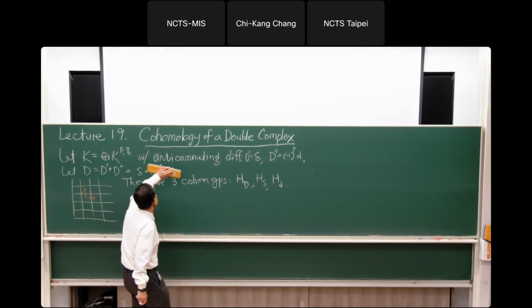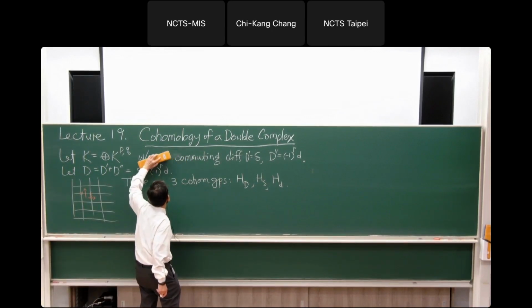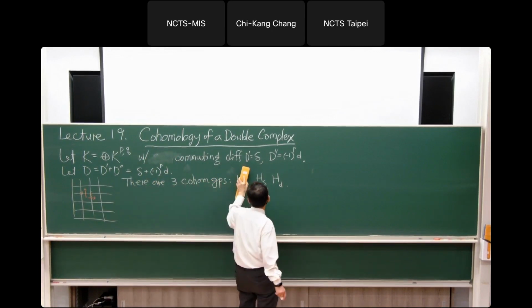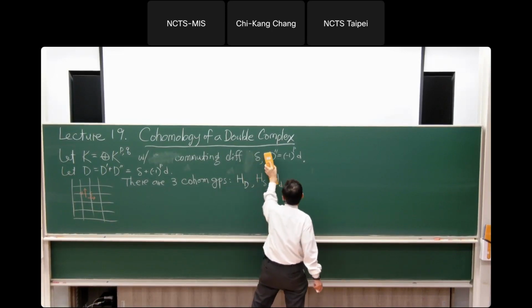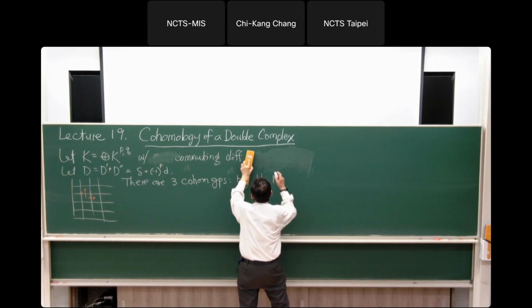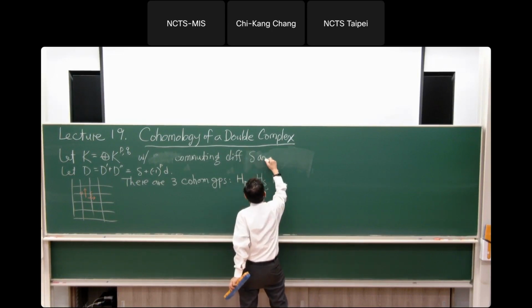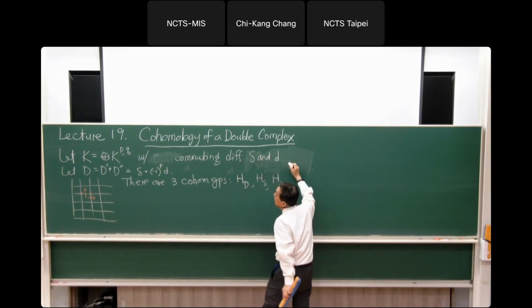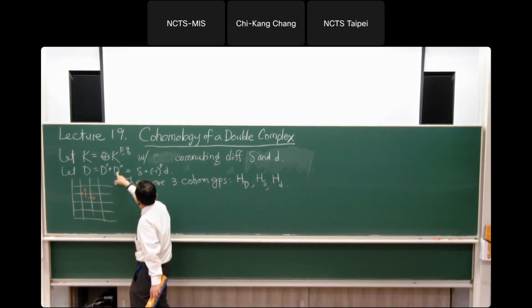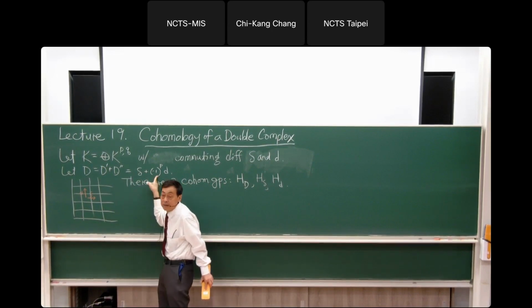So I'm going to say it has commuting differentials delta and d. And then we set d prime equal to delta, d double prime equal to d.